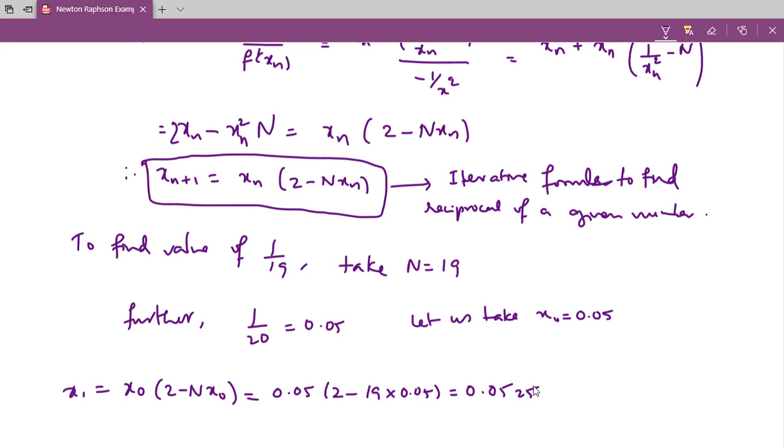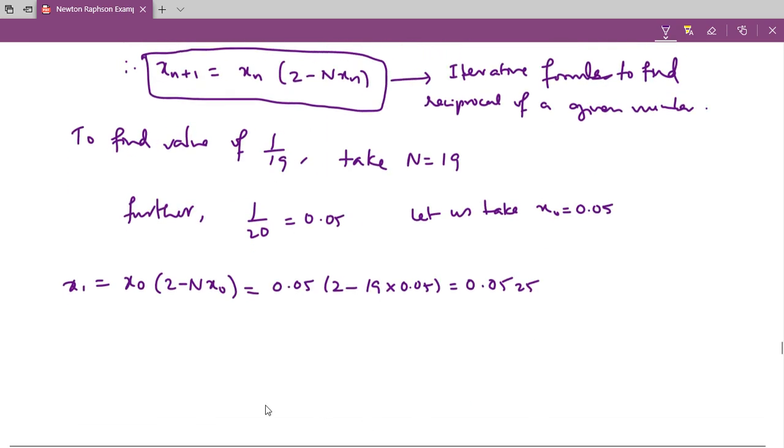So this gives you 0.0525. Okay. So next go for x2. x2 is x1 into 2 minus n into x1.